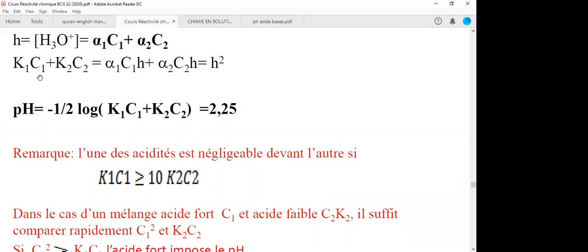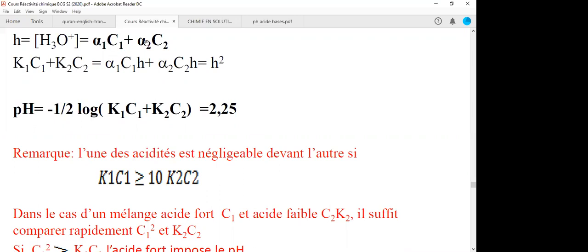So if you write the constant of acidity 1 times the concentration of acid 1 plus the constant of acidity D times the concentration of acid D, you are going to get this one: alpha 1 times concentration of acid 1 times H, what is H?